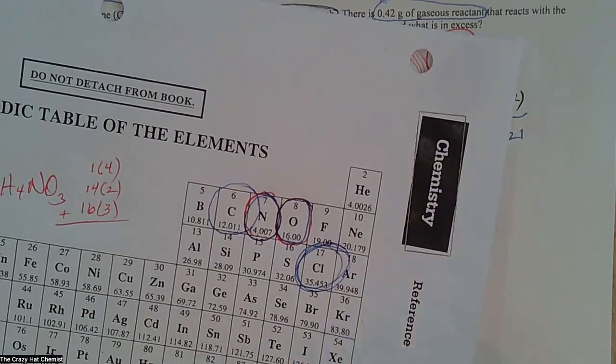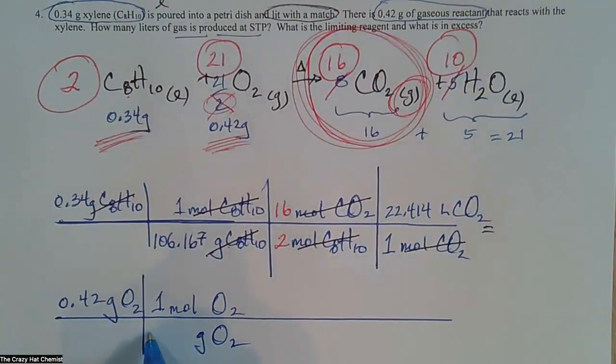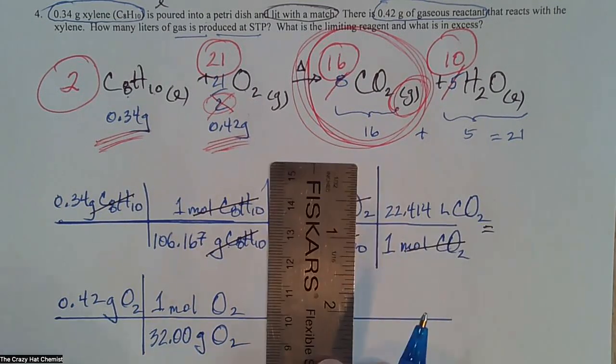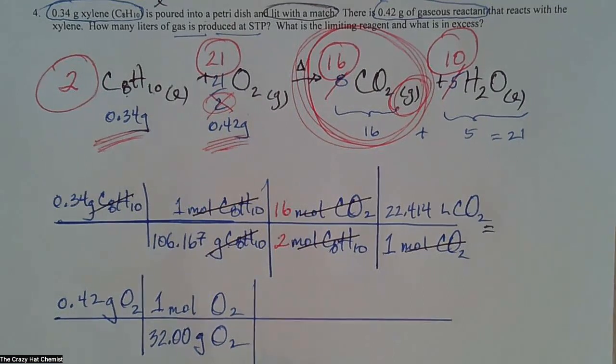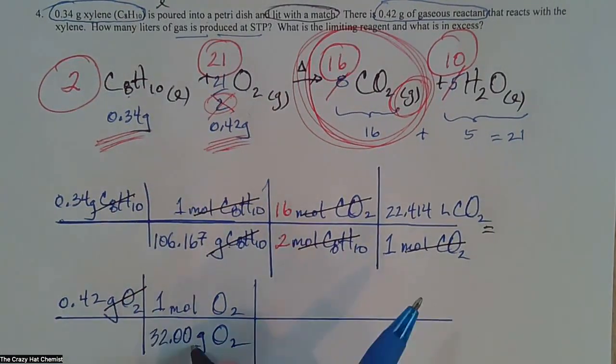I'm going to multiply that by 2, and therefore that will be 32.00. Notice that I did add the 0.00 because oxygen is 16.00 on the periodic table. So this does need to have 2 decimal places with it. Vertical stop in between the two here. This enables me to cancel out grams of O2.